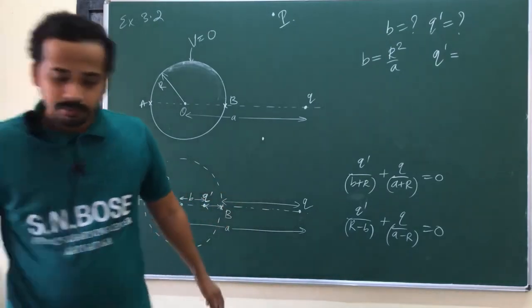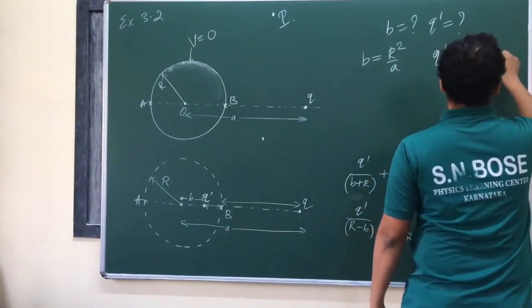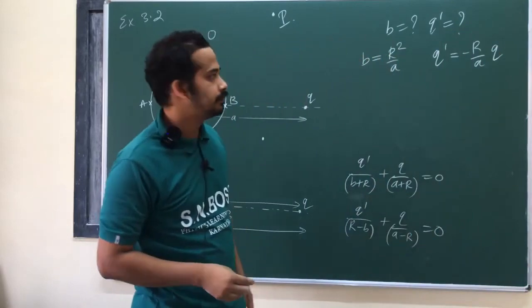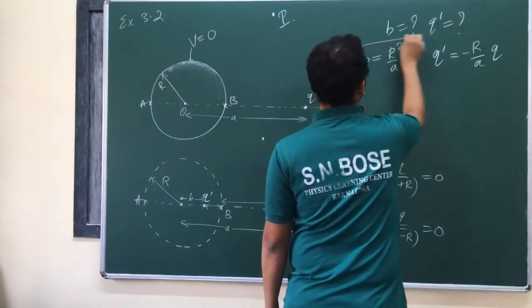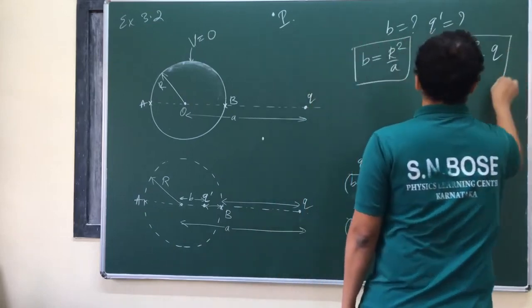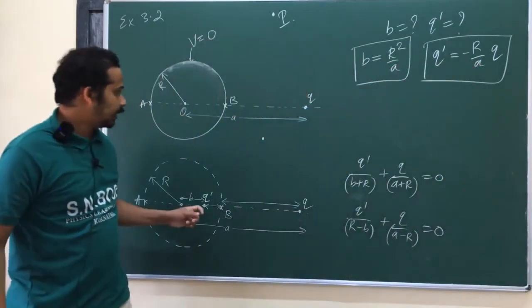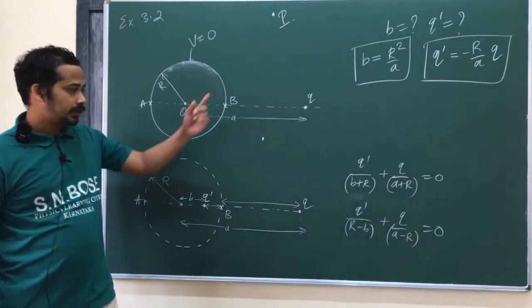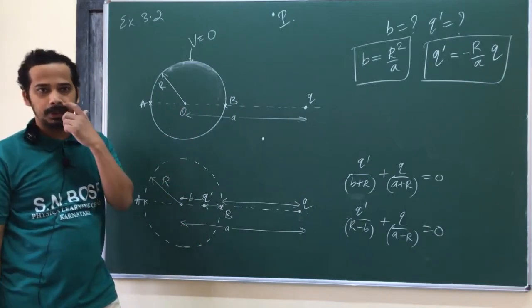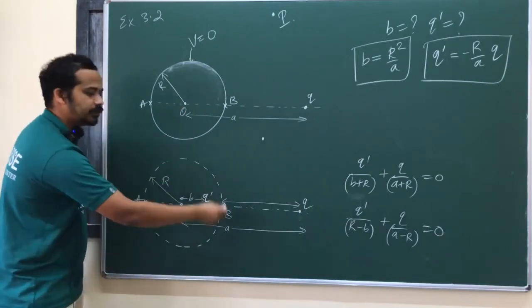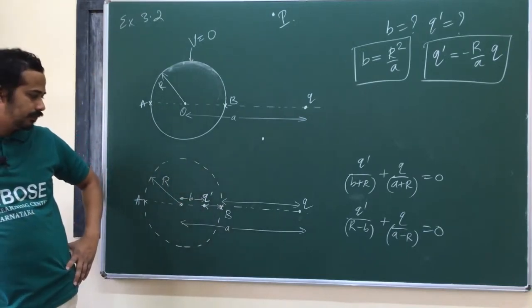That's equal to minus R by A times Q. If you place a charge of minus R by A times Q at a distance R square by A from the center of the sphere, then that will make this spherical surface zero potential. Is that okay?